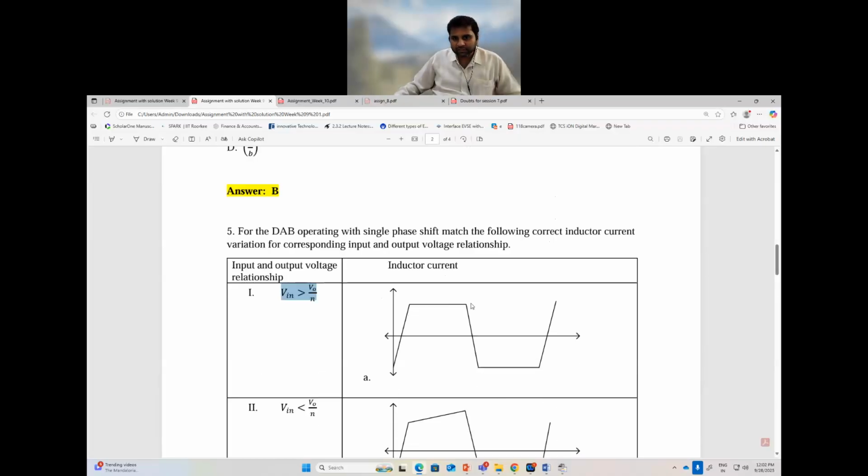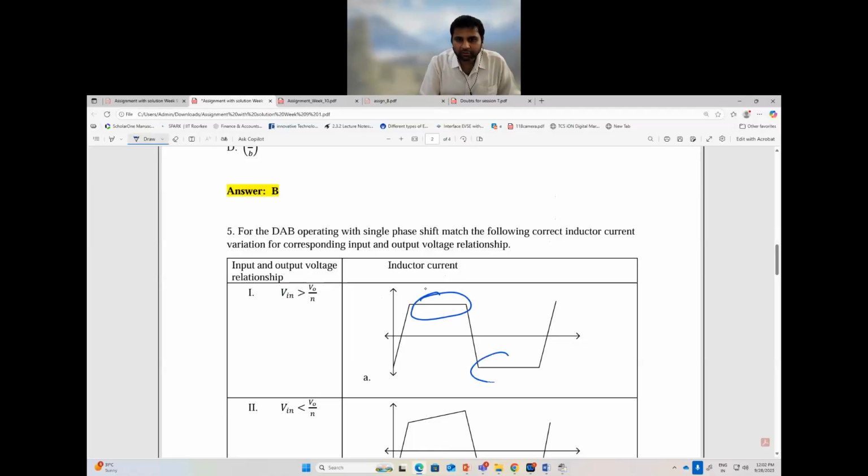So this particular thing is a straight line. However, there is this particular curve we have shown. This is due to the rise and fall, because inductor current will take some time to rise and fall. But this kind of waveform is also called the flat top, because you have a straight line which indicates that V naught by N is equal to V in.